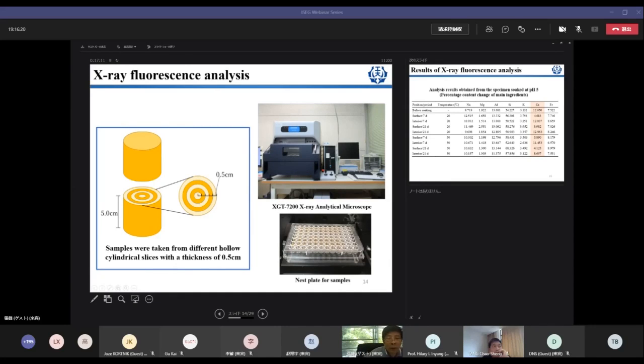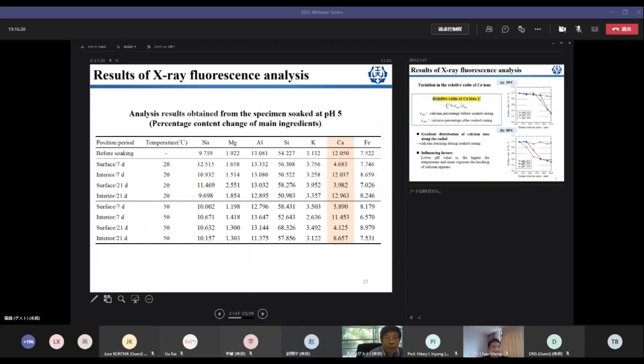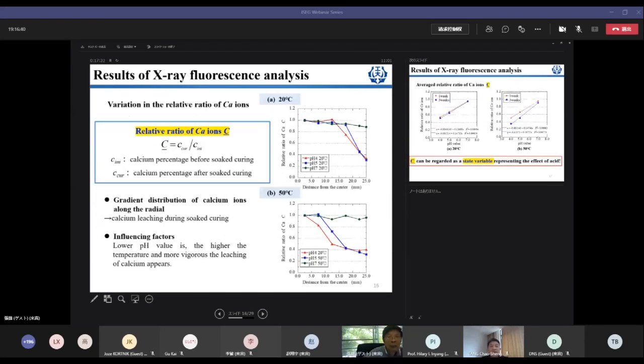We sliced the sample into 6 layers and then picked up many samples at the same place. This is just one plate for one sample, hundreds of them. And here you can find the relative ratio of calcium ions, and the result is quite different.